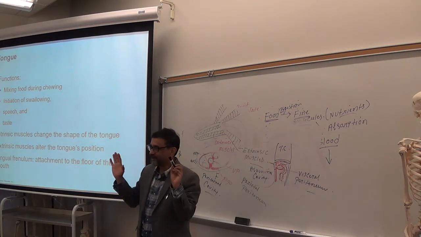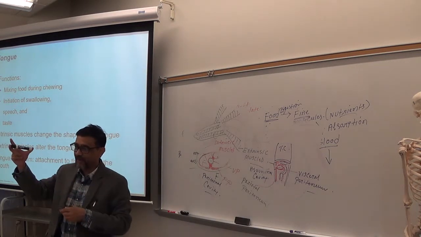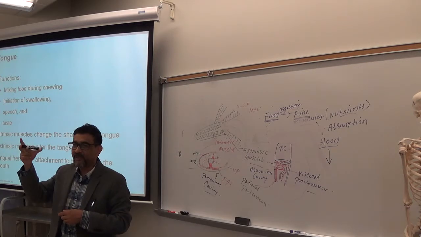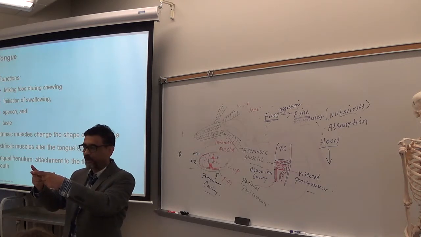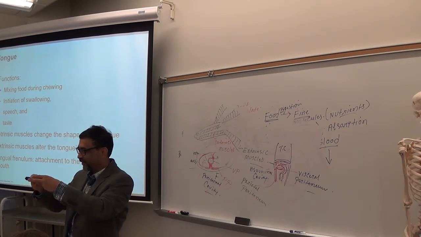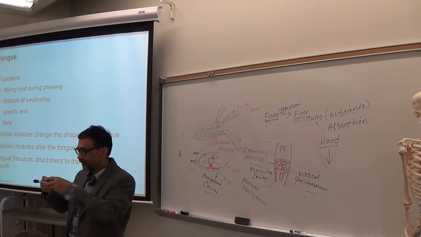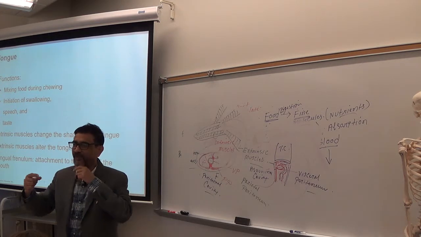Is it clear? Now, what do intrinsic muscles do? Inside the tongue, you have intrinsic muscles. Shortening of intrinsic muscles will make the tongue shorter, will retract the tongue. If those muscles relax, the tongue will get long.